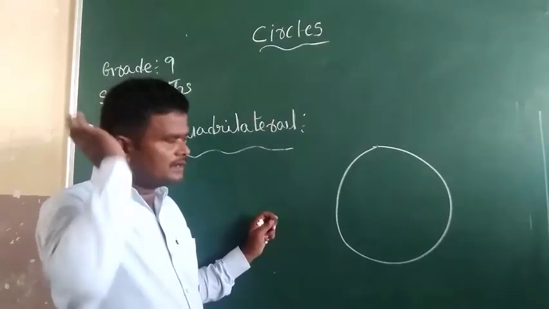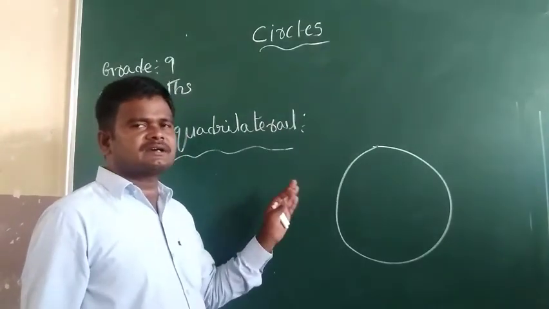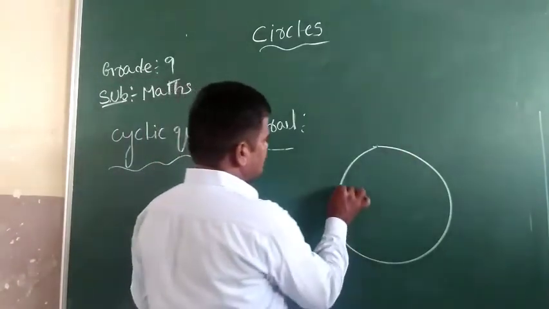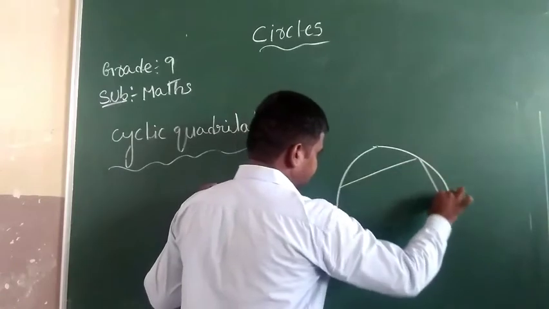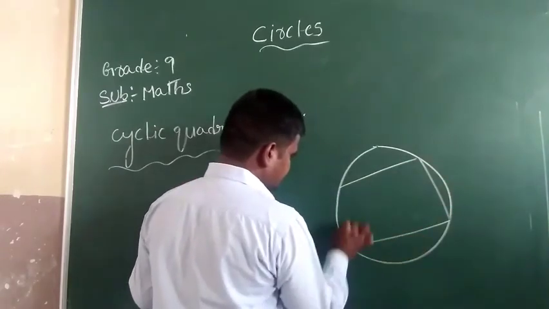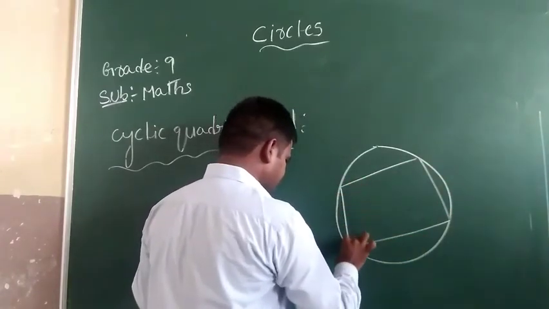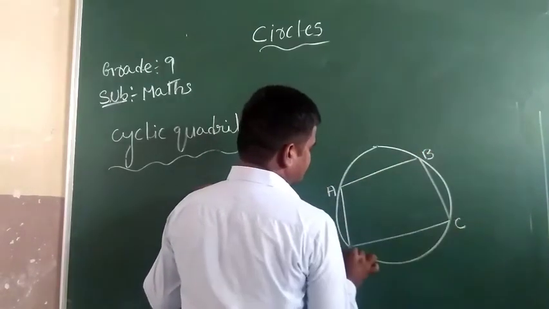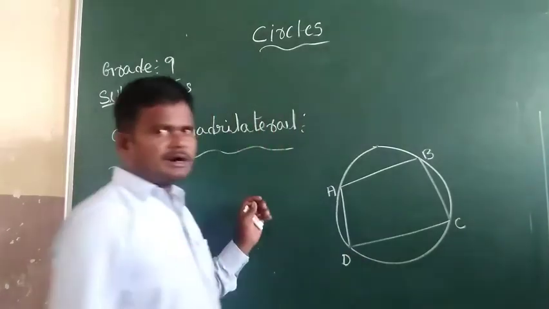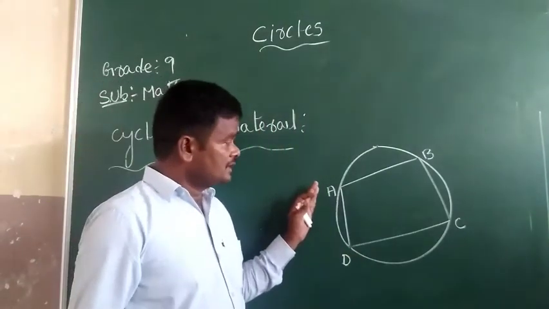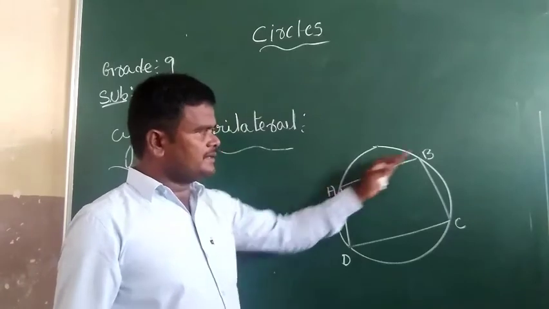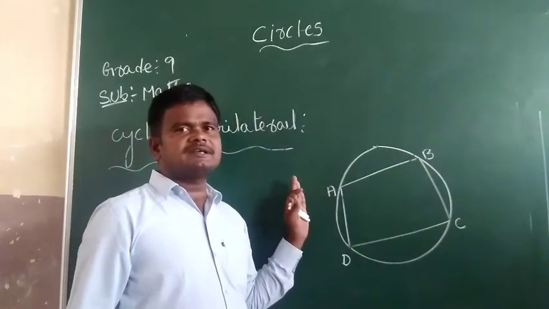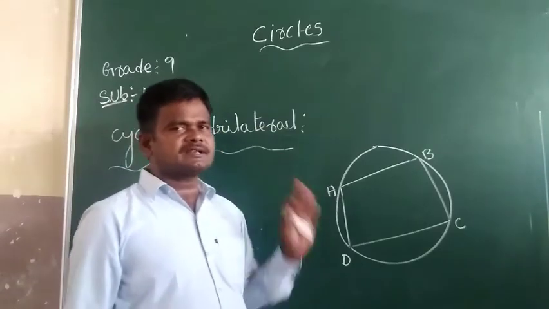If the four vertices of the quadrilateral lie on the circle, here this is the quadrilateral ABCD, with vertices A, B, C, D. All vertices lie on the circle.